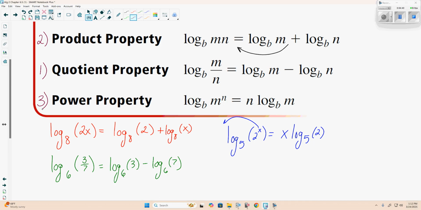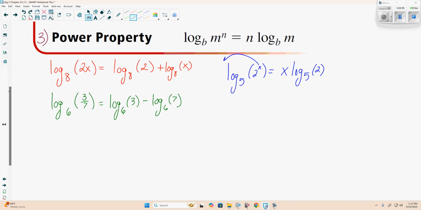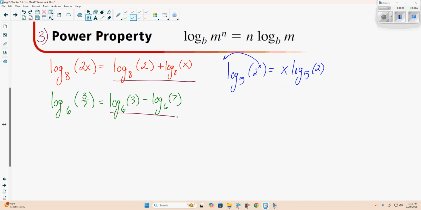So when we're expanding it, we'll take care of the quotient first, our division, then our multiplication, our product, and lastly powers to expand it all the way out. And when we expand it all the way out, we're going to get it where what's inside is a single term, a single number with no exponents.